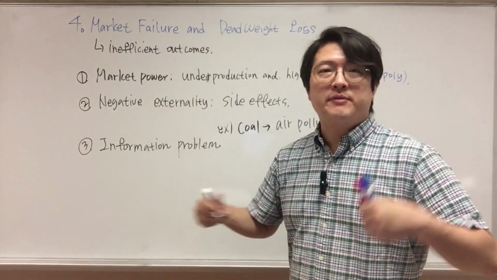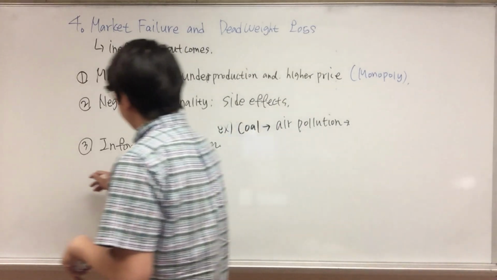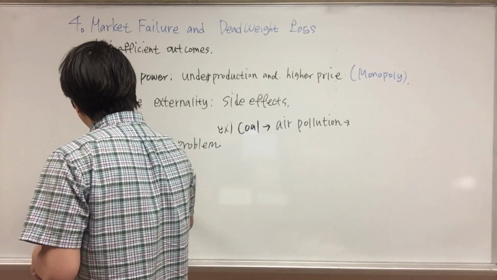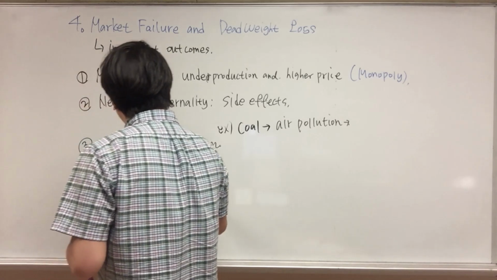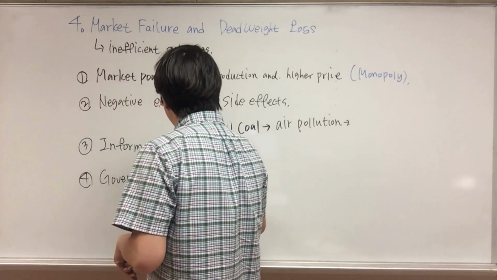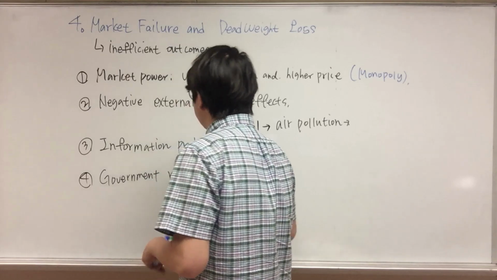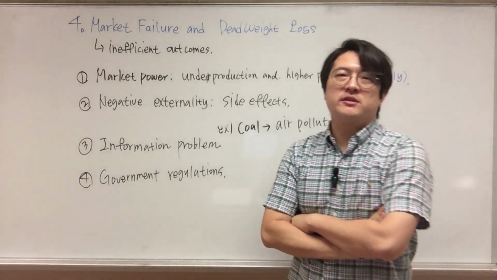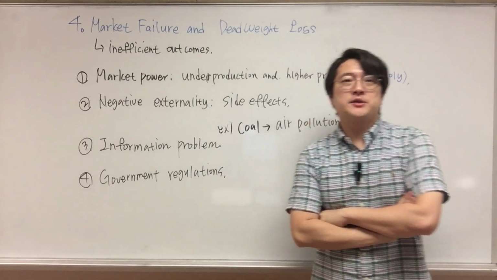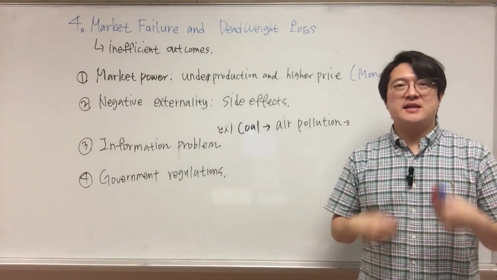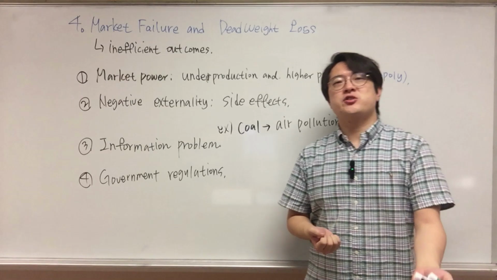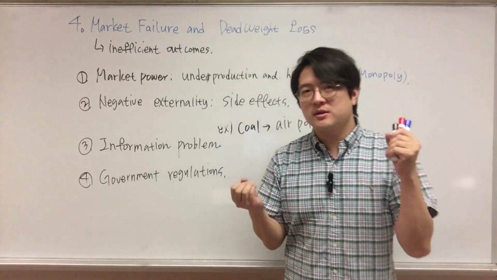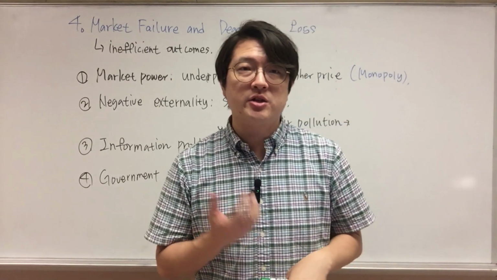Okay, so finally there is government regulation. We learned about government regulation last time, didn't we? Right. So there are taxes and subsidies, policy regulations and quantity regulations. Okay, so let's think about the quota, which is a kind of quantity regulation.